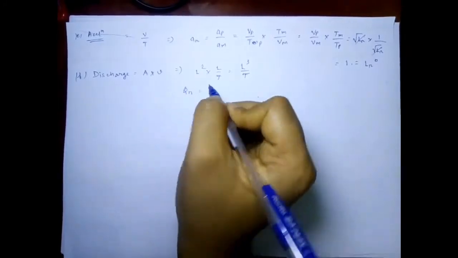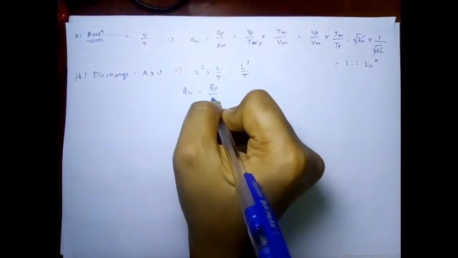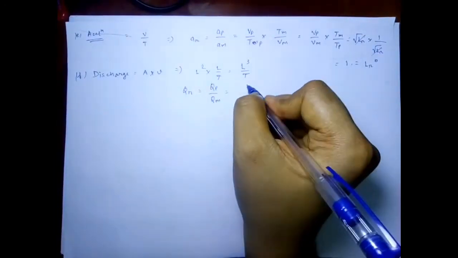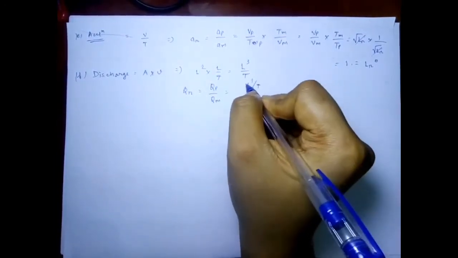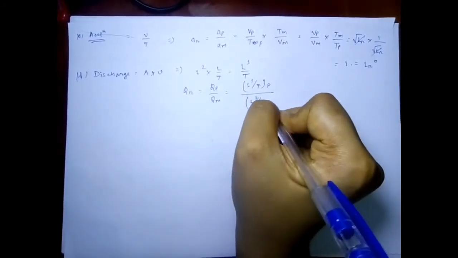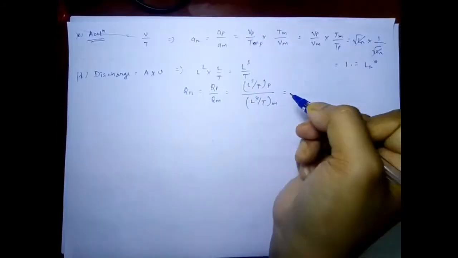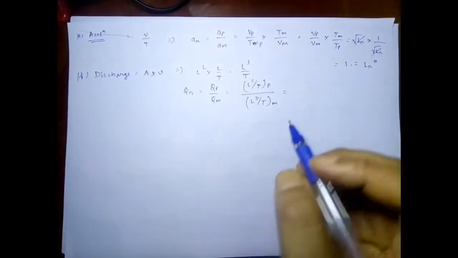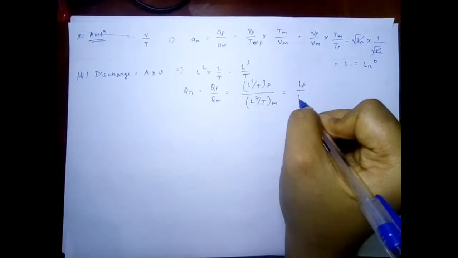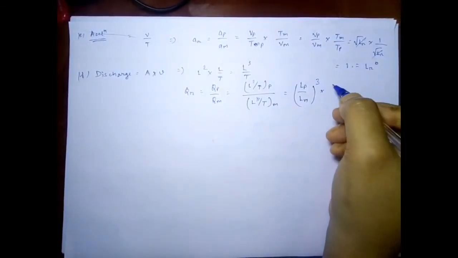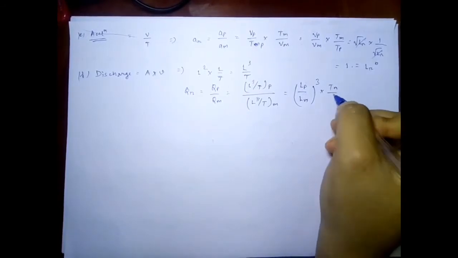Therefore QR is equal to QP upon QM, and it is equal to L cube by T for prototype upon L cube by T for model, so it can be written as LP upon LM whole cube multiplied by TM upon TP.